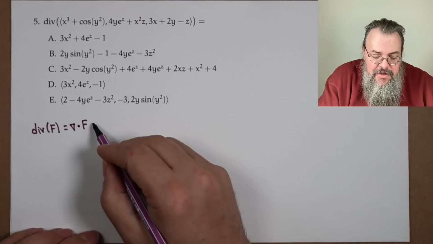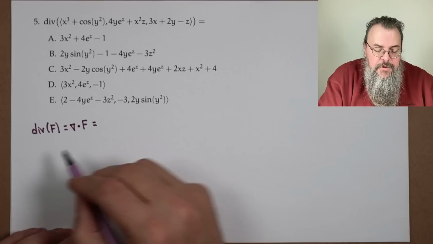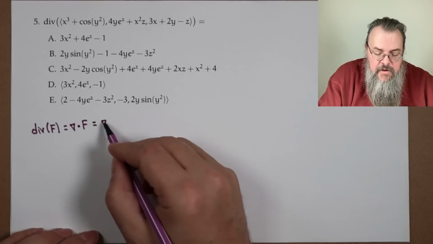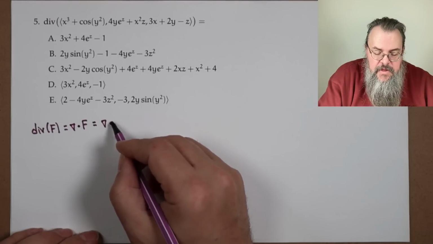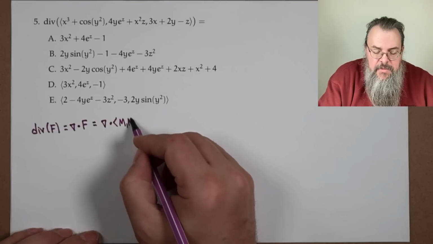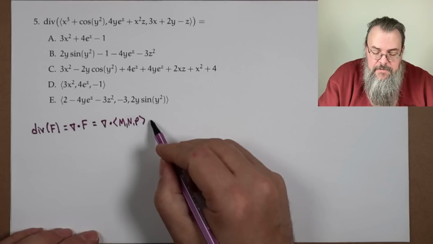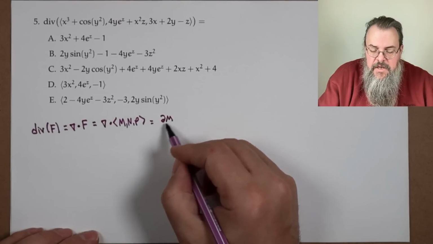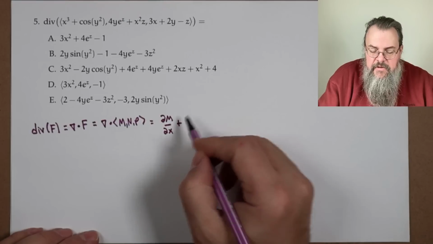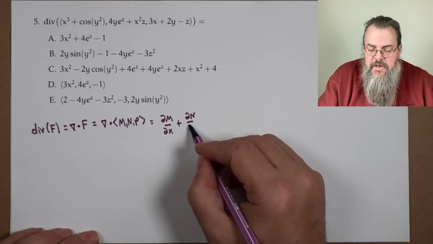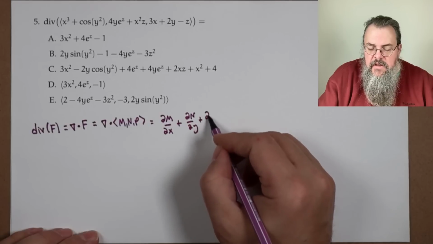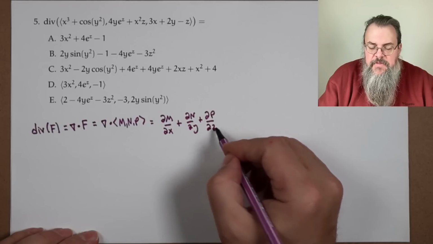And in particular, if we're thinking of it as m, n and p, remember that this is the collection of partial derivatives. So what we end up with is partial m, partial x, plus partial n, partial y, plus partial p, partial z.